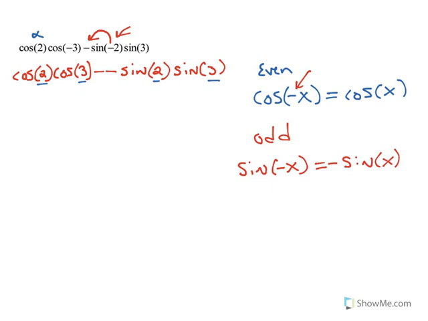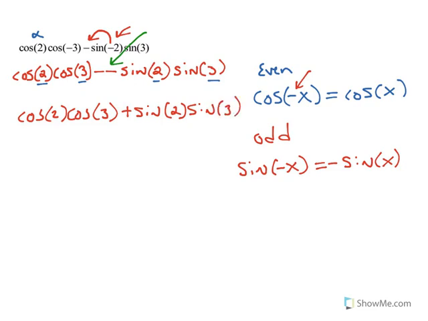Simplify a little bit more. The 2 negatives in the middle, you can make that a plus. So we'll say cosine of 2, cosine of 3, plus sine of 2, sine of 3, and that's going to be a plus in the middle, so it's following the cosine of a difference.